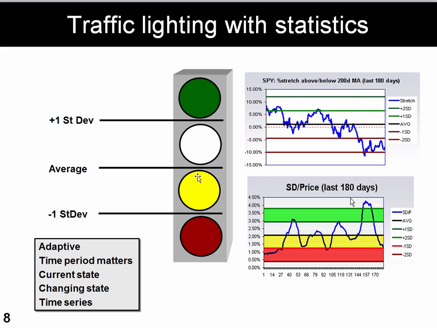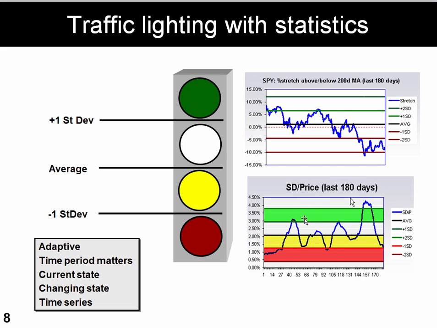And so this is average up to +1 standard deviation, and then beyond 1 standard deviation is exceptional performance, and this is below average performance, between average and -1 SD. And then if it's more than 1 SD beyond average, then it gets a red condition.